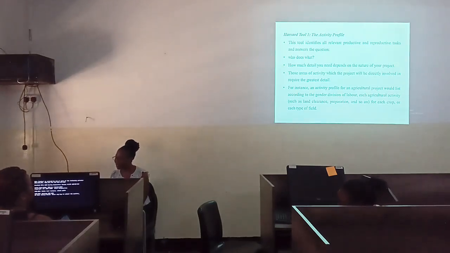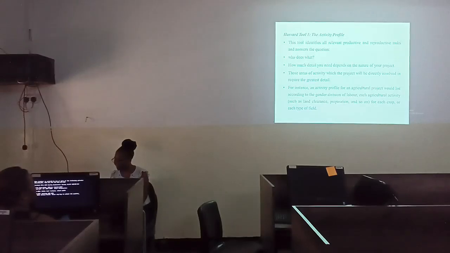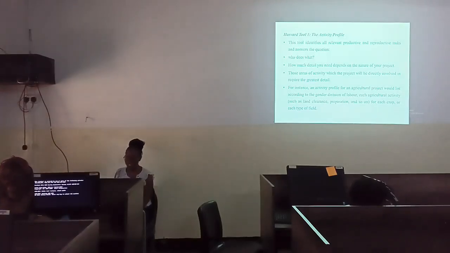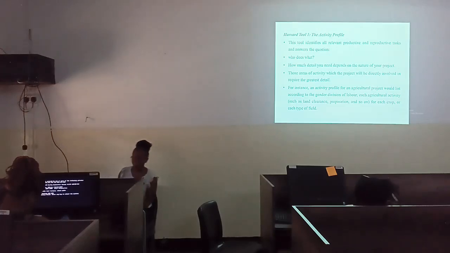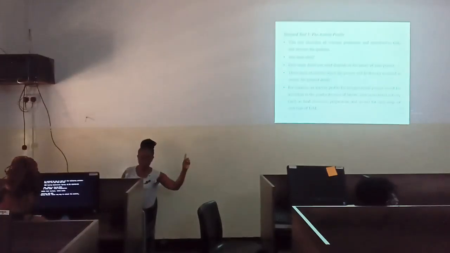For instance, an activity profile for an agricultural project would list, according to the gender division of labor, each agricultural activity, such as land clearance, preparation, and so on, for each crop on each type of field.